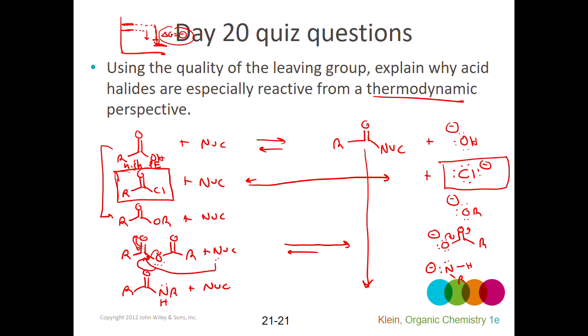These two are pretty similar. They both have oxygens that could shift electrons in and stabilize the carbonyl through resonance. They both produce negatively charged oxygens as the leaving group that aren't really well stabilized by induction or resonance. The difference is when you have a bulky R group here, it's going to block out solvent from coming in and forming nice attractions to stabilize the negative. So because of the lack of solvation, this leaving group's not quite as good as an OH minus.